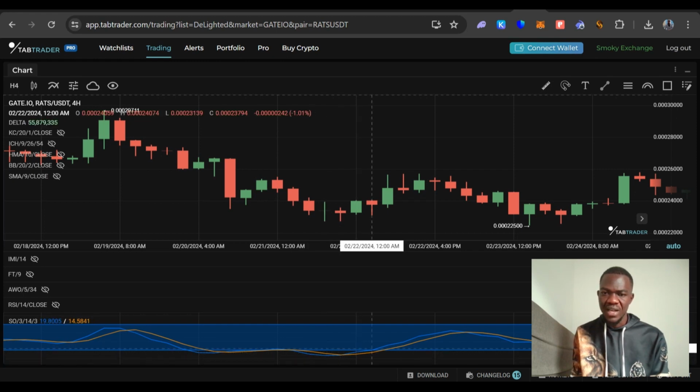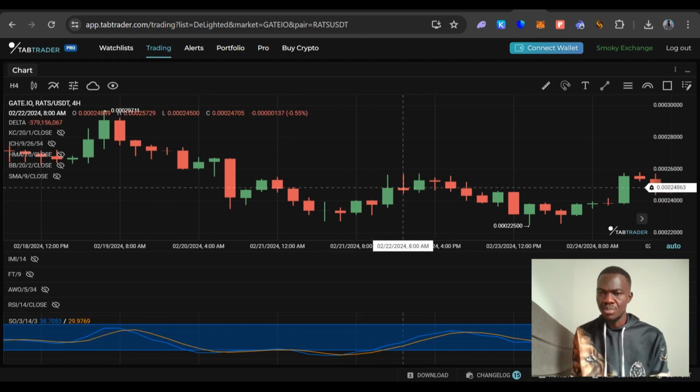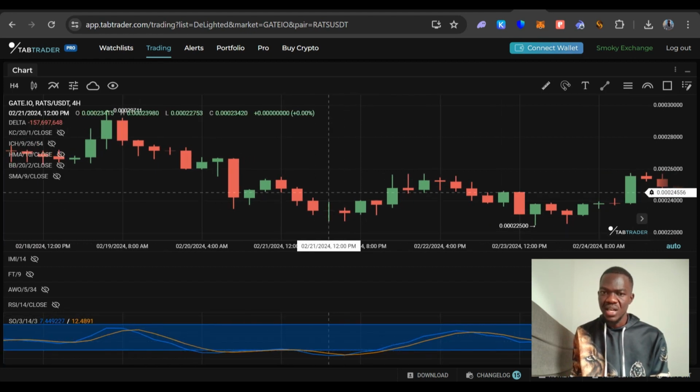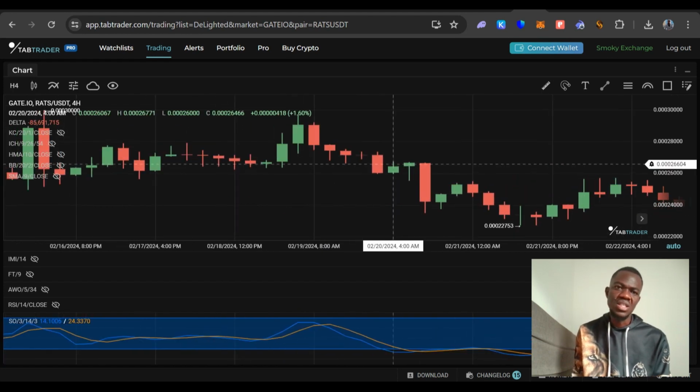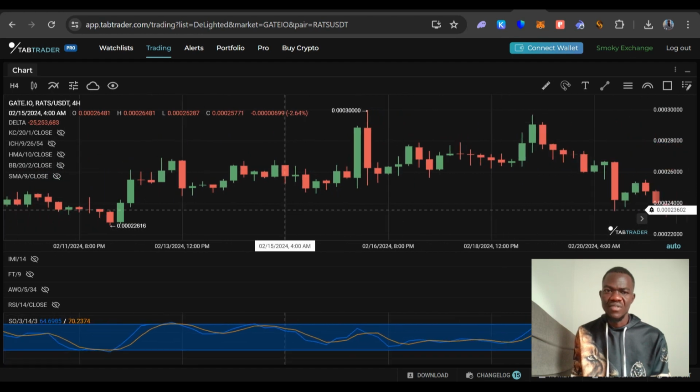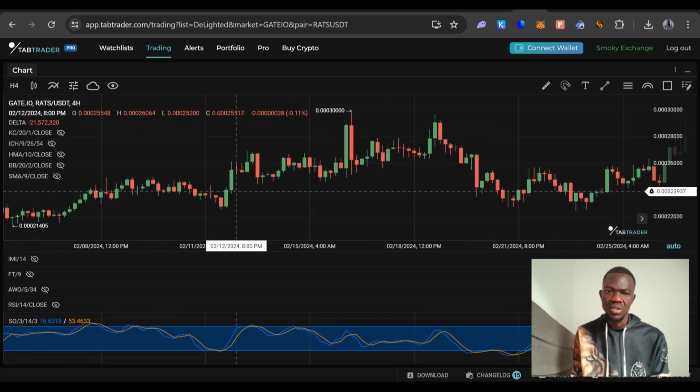But if you combine it with another parameter, say a candlestick pattern, then you can be sure to make a very good trade decision.